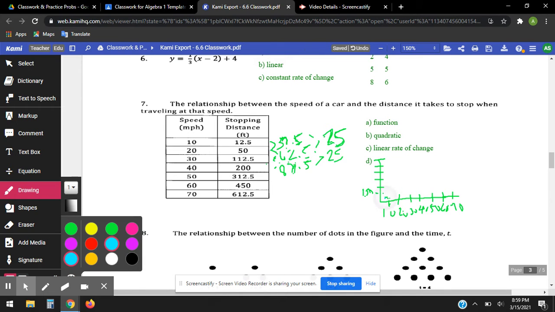So 10 is pretty low down here. Let's get a different color. 20 is 50, so about halfway up. 30 is 112, which means, oh, this is going to be tiny. 40 is 200, so that's even with that guy. 50 is 312, so now I'm above this one. 60 is 450. 70 is 612, I'm clear up here.